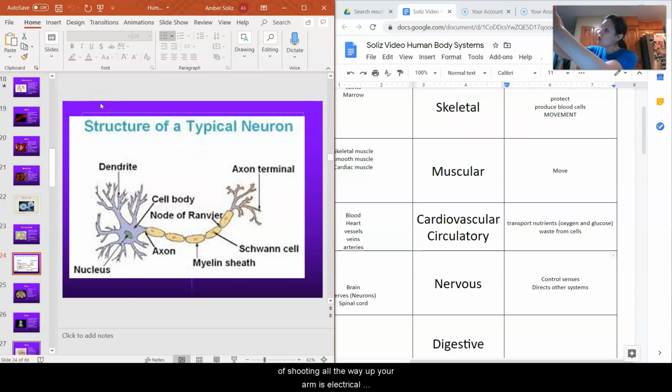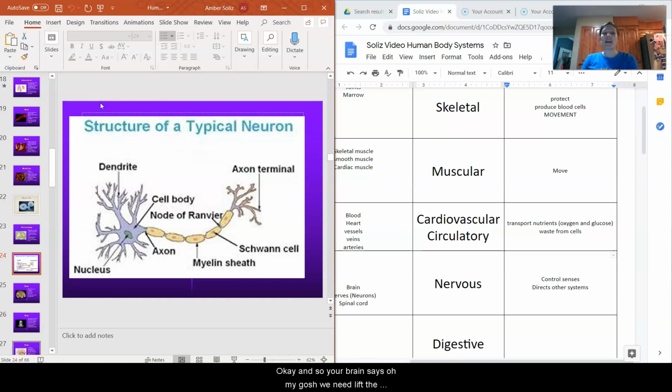That's shooting all the way up your arm, these electrical impulses. Your hand's on the hot stove, and we're shooting up the arm, hot, hot, hot. Then it's going to come back to your spinal cord. Your spinal cord is the main highway to your brain. So this is going to shoot an electrical impulse made up of neurons all the way up to your brain and say, yo, brain, we are touching something hot. What do we do?